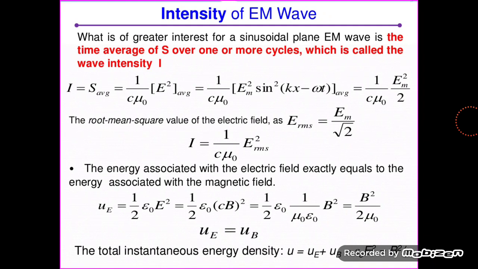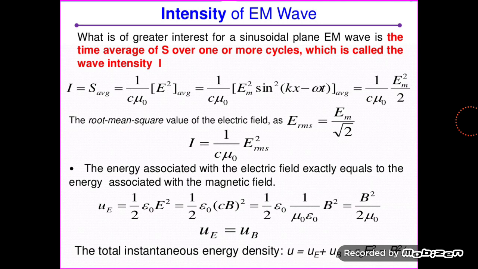What is of greater interest for a sinusoidal plane electromagnetic wave is the time average of S over one or more cycles, which is called the wave intensity I. It is I equal to S average, which is equal to 1 upon c mu naught times E square average.